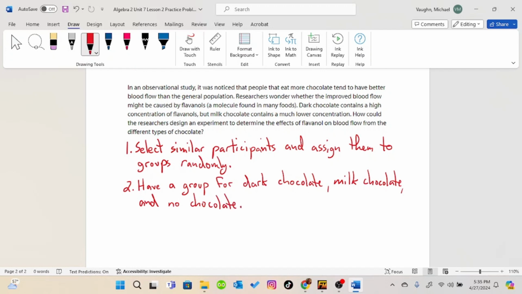This way, the no chocolate group is a control group. And number 3, document the results of blood flow tests.